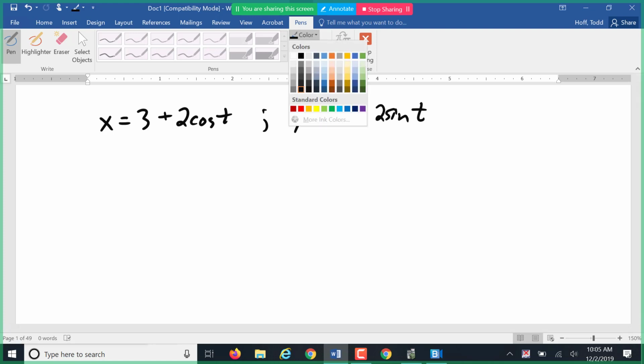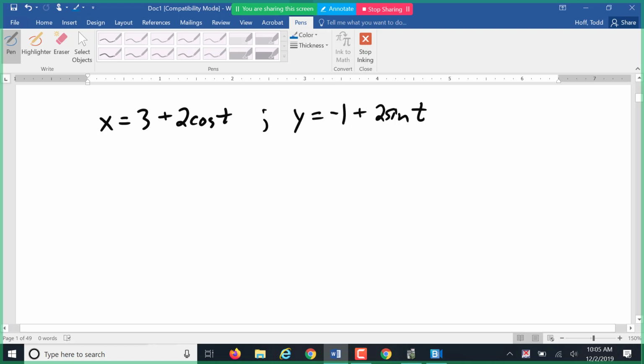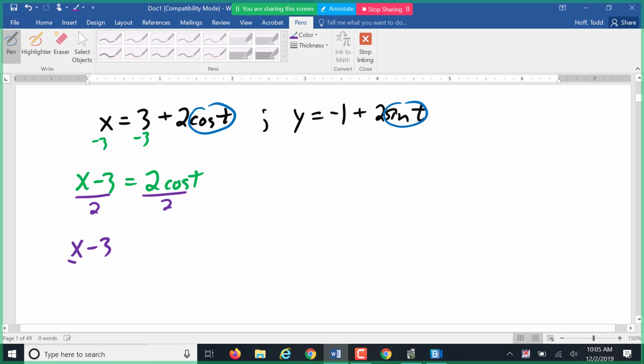I would like to remove the parameters there. Again, I'm going to solve this for cosine t, and I'm going to solve this one for sine t. Let's work with the x equation here first. So to get cosine t by itself, I first subtract 3 from both sides. x minus 3 equals 2 cosine t. Then I have to divide by 2. So what I have here is x minus 3 over 2 equals cosine of t.